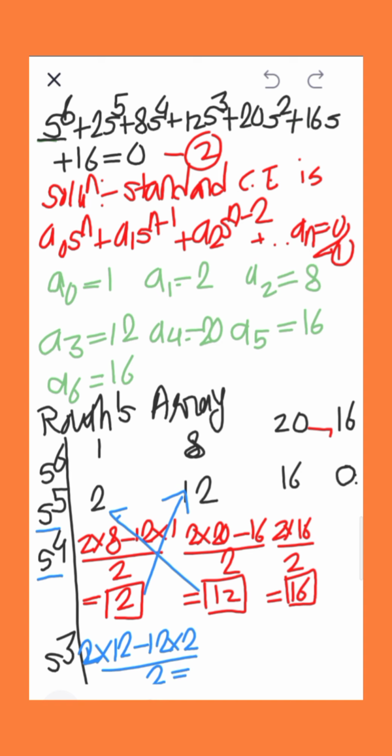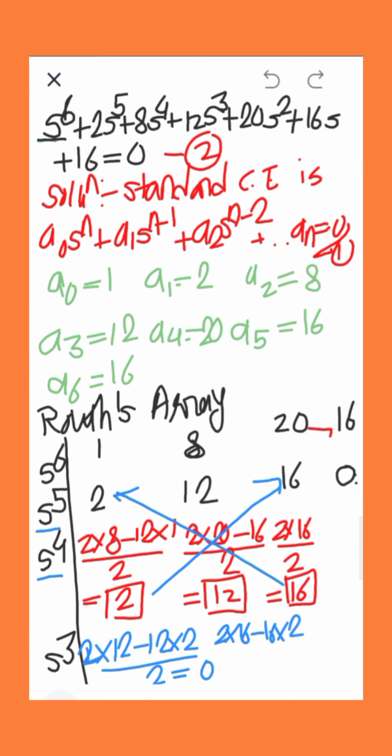What is the answer? It is 2 into 12 minus 2 into 12 is 0. Clear? Similarly, 2 into 16 minus 16 into 2 upon 2, again a 0.